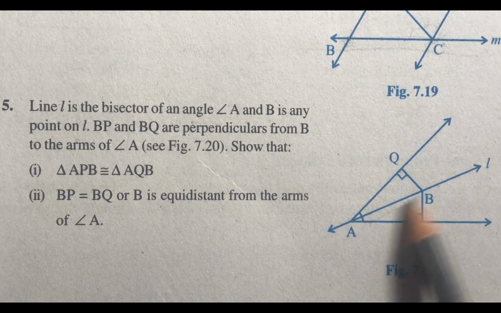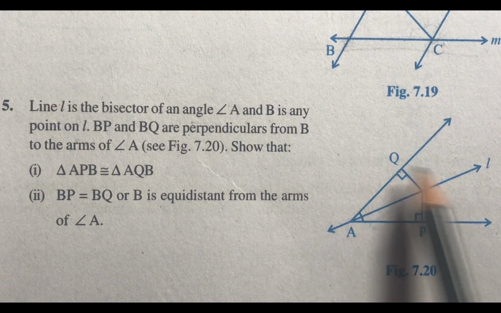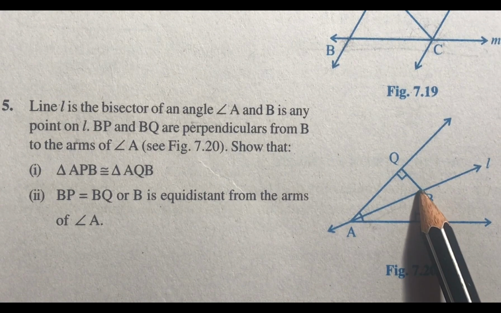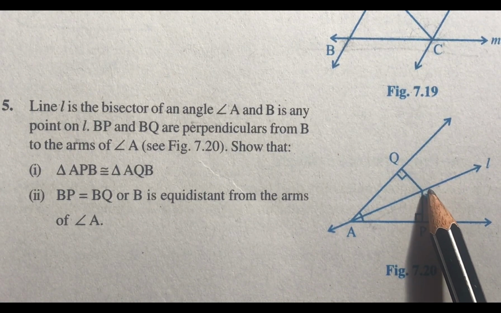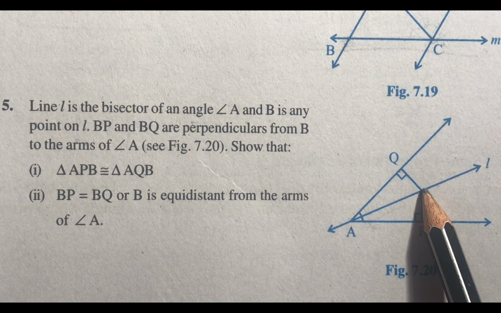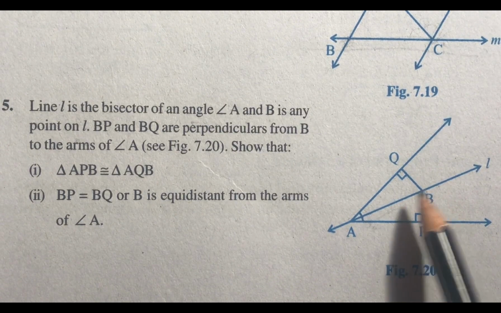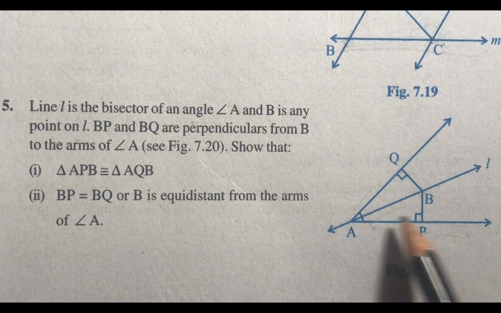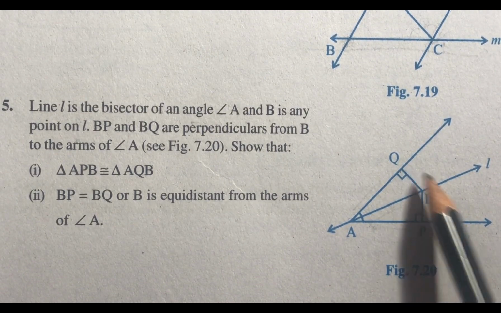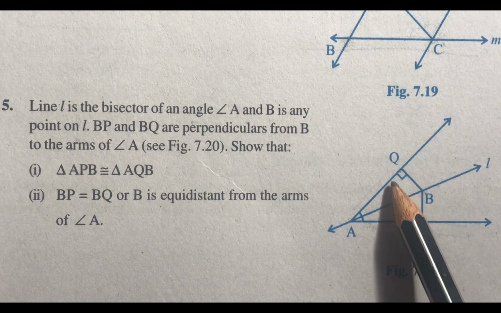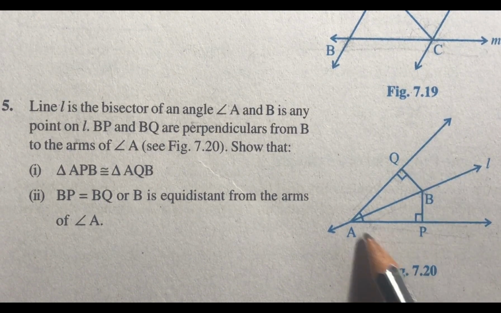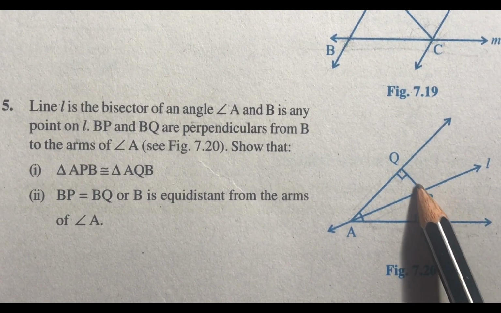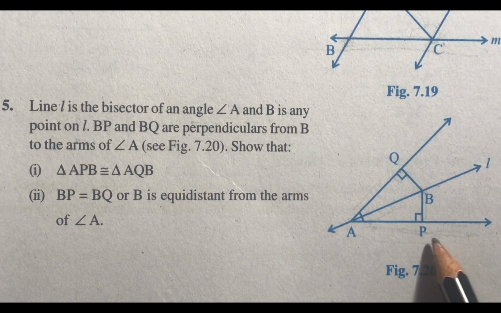BP and BQ are perpendiculars from B to the arms of the angle. What are the arms of angle A? These two are the arms of angle A, right? So BQ is a perpendicular to this arm and BP is perpendicular to this arm. So angle BQA and BPA are 90 degrees.